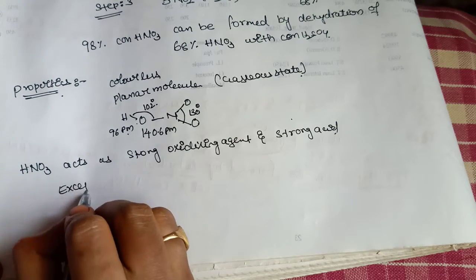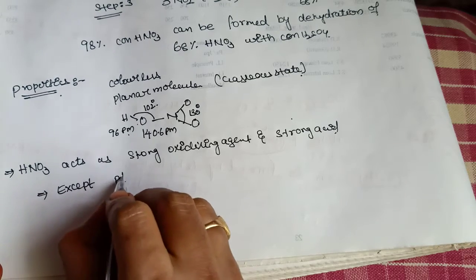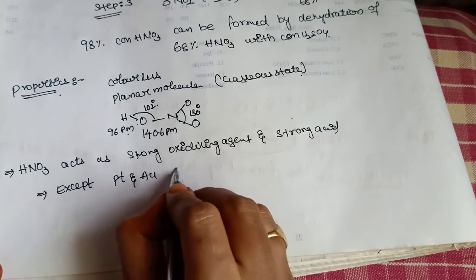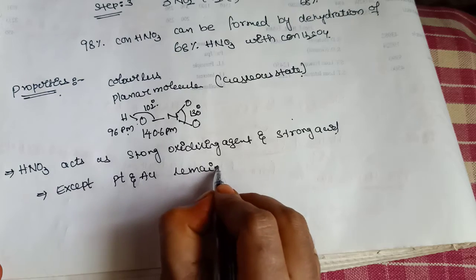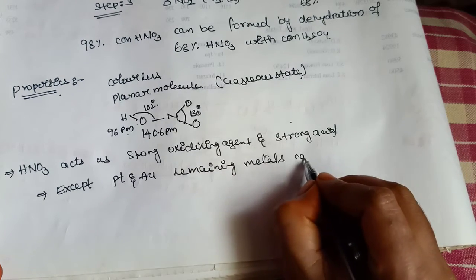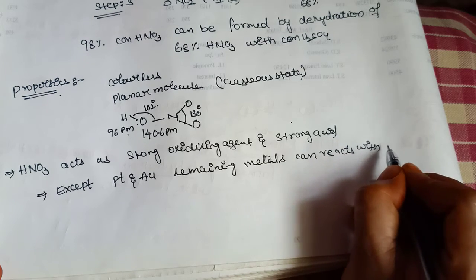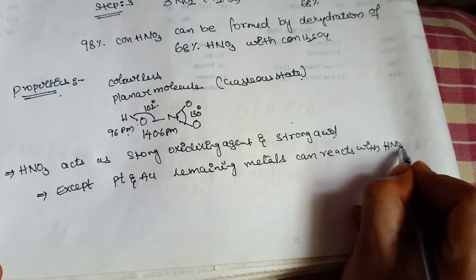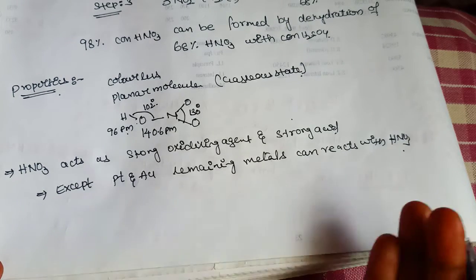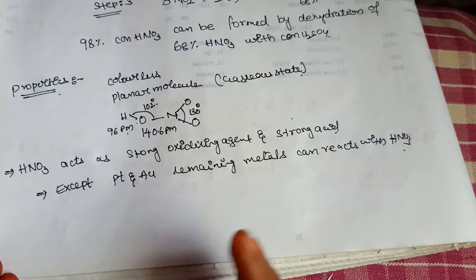Except platinum and gold, the remaining metals can react with HNO3. And based on the concentration of HNO3, different metals give different products.